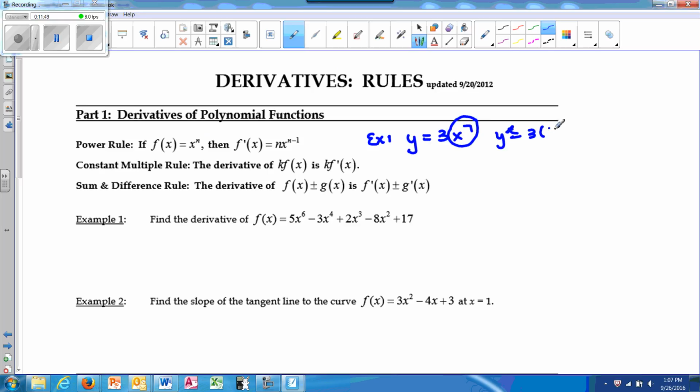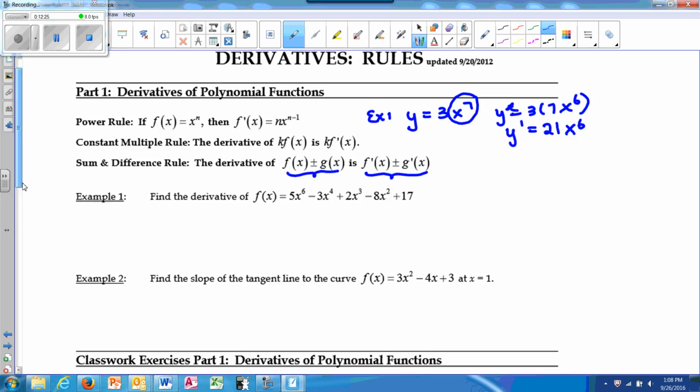Constant multiple rule is really nice because what that means, for example, is if I had y equal to 3x to the 7, I can simply keep the 3 and take the derivative of x to the 7, which is 7x to the 6. That means my derivative is 21x to the 6.